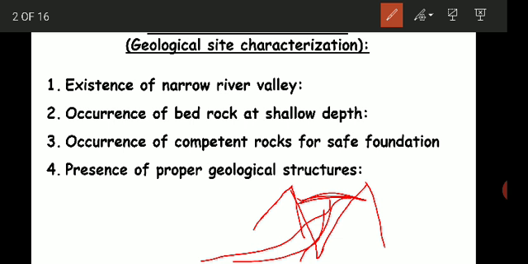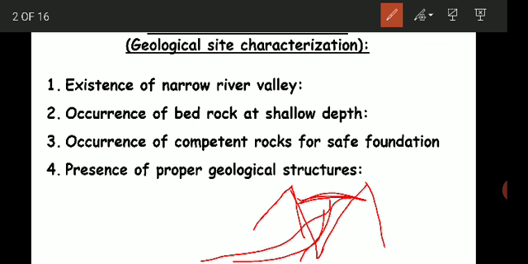But the hard and strong rock has to withstand the weight of the dam, so if it occurs at great depth, then the foundation will have to be very deep, and this again involves extensive excavation of the loose overburden, and we have to fill it with concrete. So this increases the cost. So if it occurs at shallow depth, then this is the suitable site for the construction of a dam.